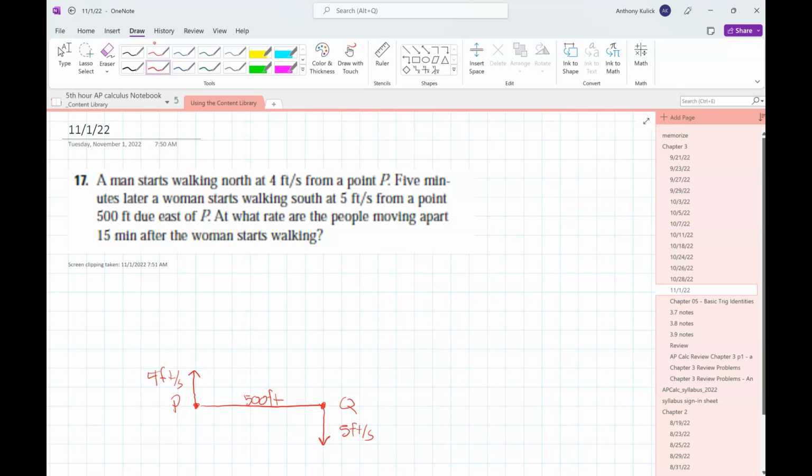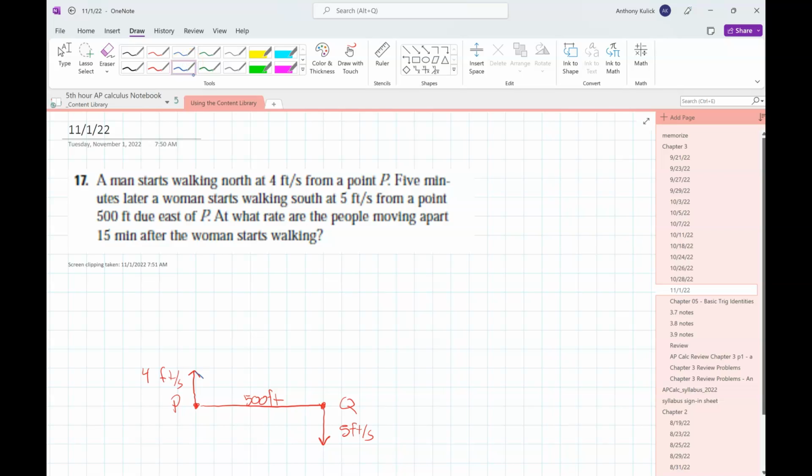Okay, at what rate are the people moving apart 15 minutes after the woman starts walking? Okay, so here's kind of my picture, right?